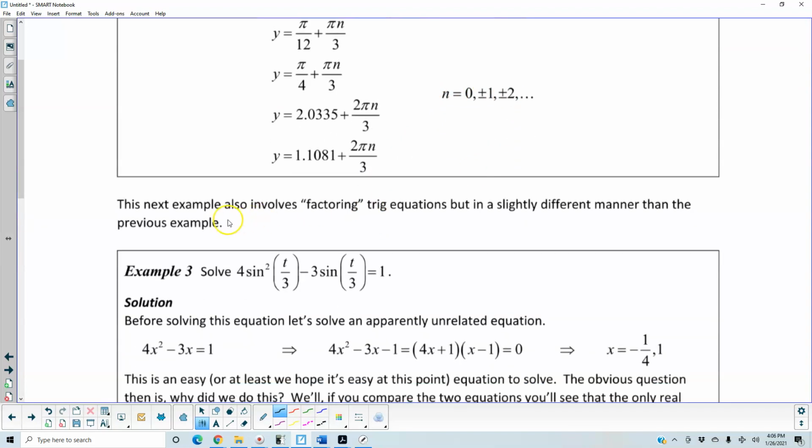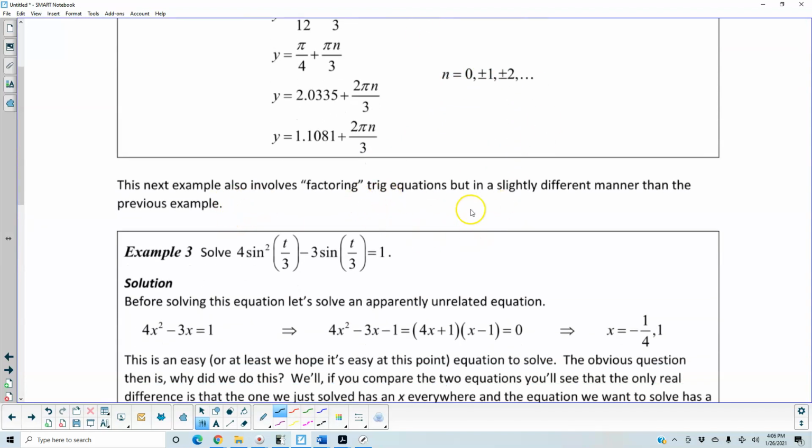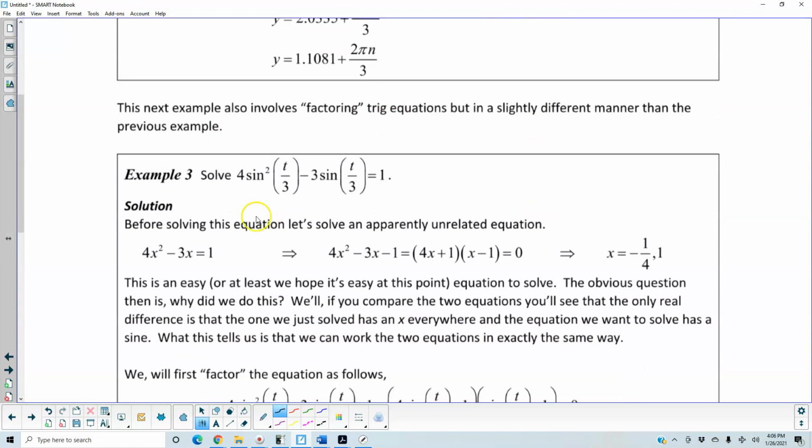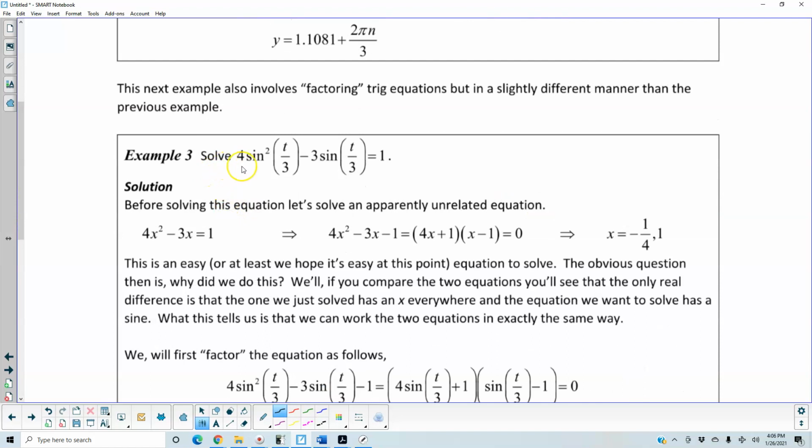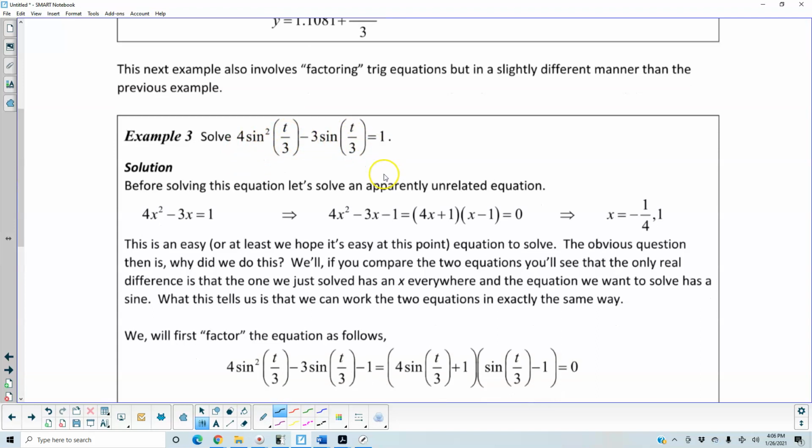Now, this next example also involves factoring trig equations, but in a slightly different manner than the previous example. Example 3, we're going to solve 4 times the sine squared of t over 3 minus 3 times the sine of t over 3 is equal to 1. Before solving this equation, let's solve an apparently unrelated equation.